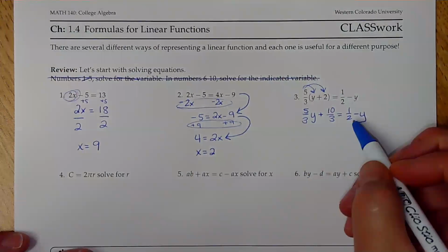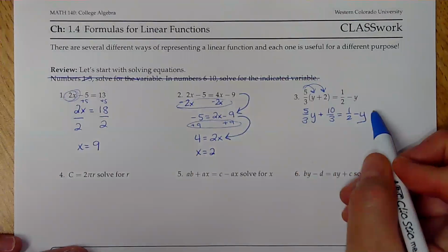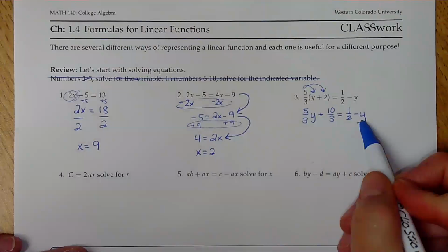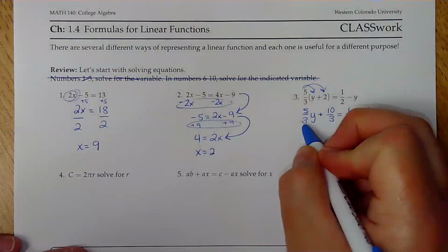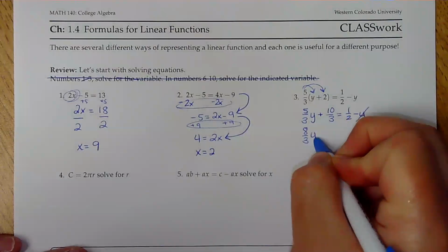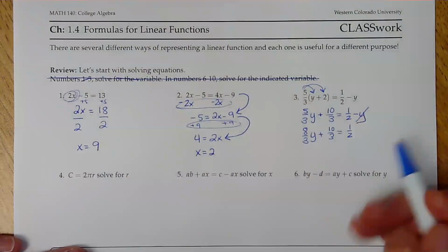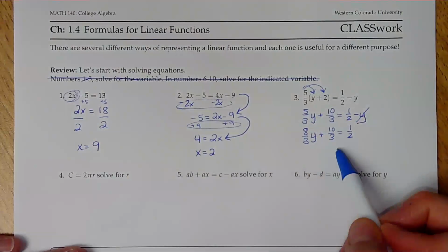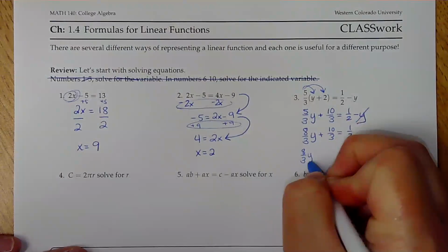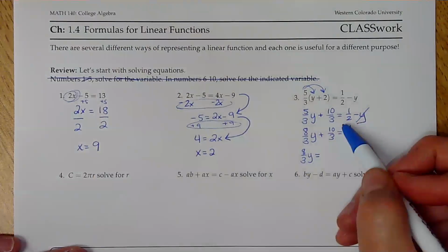All right, and then number 3, we'd already FOILed or distributed this out. So let's see what we have here. I'm going to add y to both sides so I can get rid of this y over here. That gives me 8/3 y plus 10/3 is equal to 1/2. And I'm going to subtract that 10/3 over to the other side. So I have 8/3 y is equal to 1/2 minus 10/3.